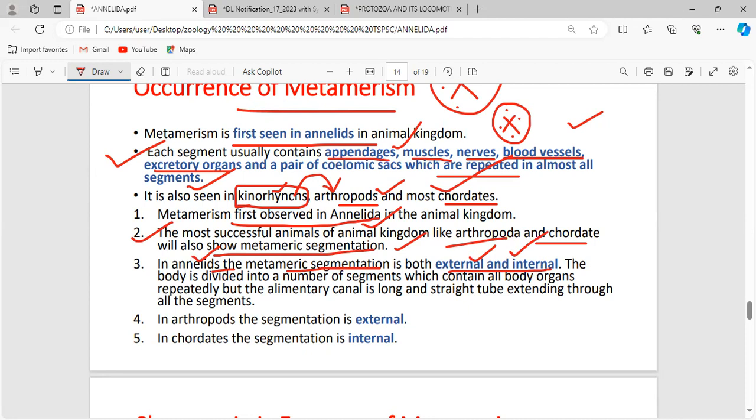We can see the body segments with the naked eye; by seeing the earthworm, we can find the segments, we can find the septa or the partitions in the animal. If we cut the earthworm bilaterally, we can also see segments inside the body. So the segmentation is external and internal.